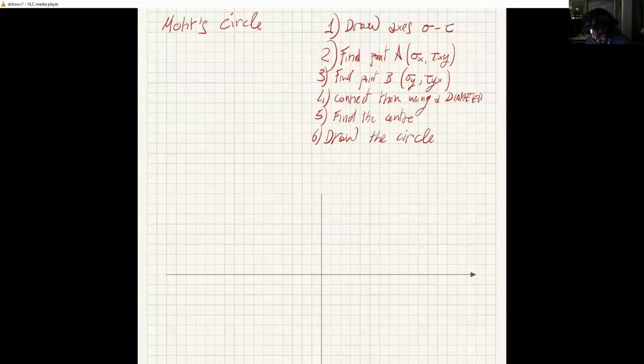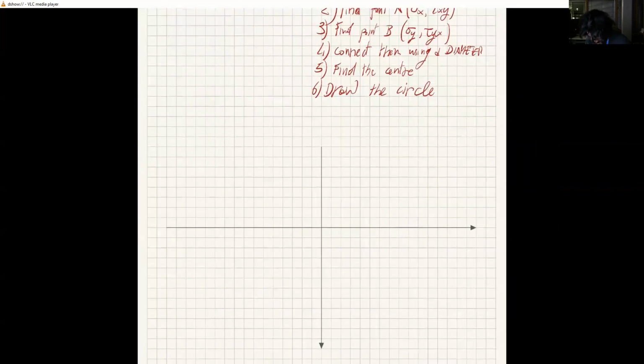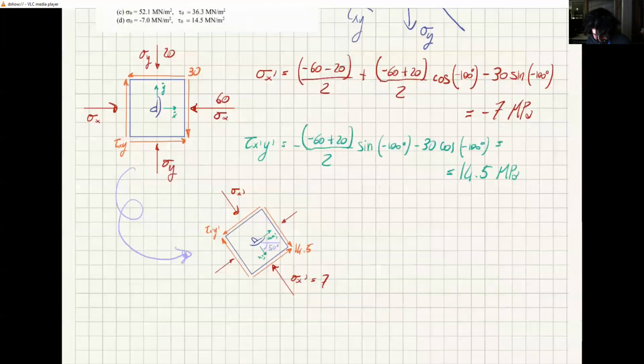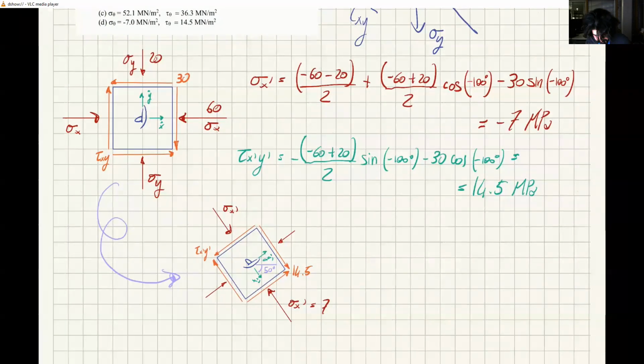So let's find point A. First of all, let me say that this is the sigma axis. And this is the tau axis. And I know that the tau axis goes counterclockwise here and clockwise here. So sigma x and tau xy. Now sigma x is negative 60.